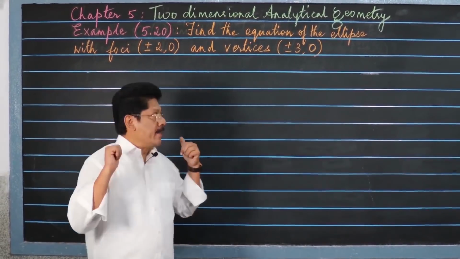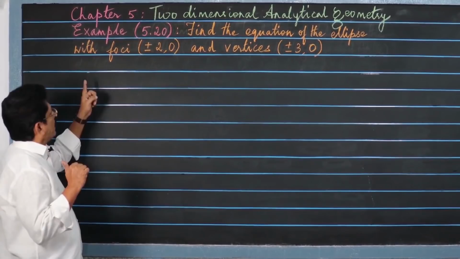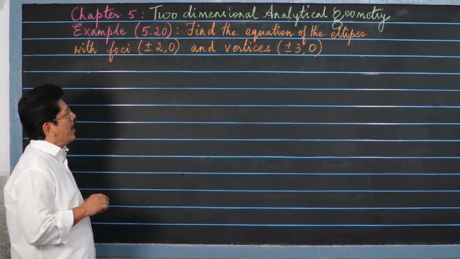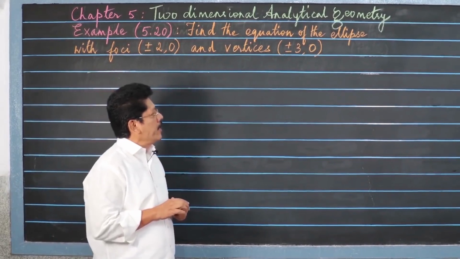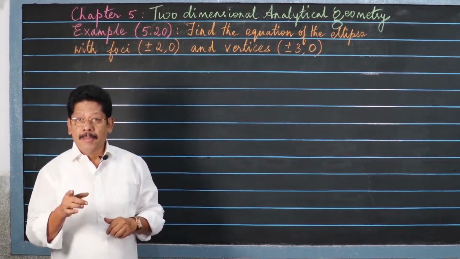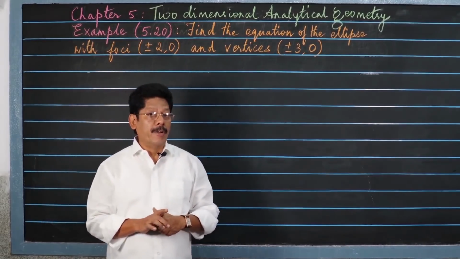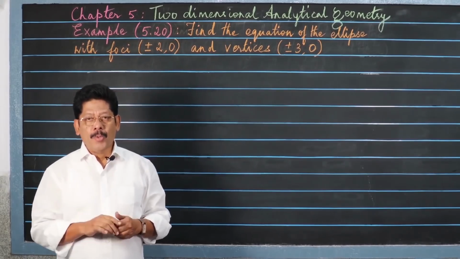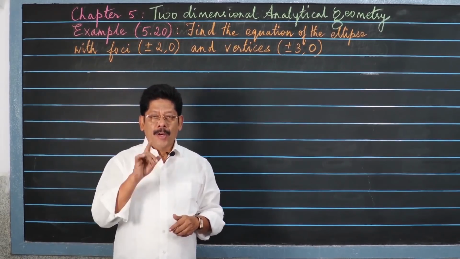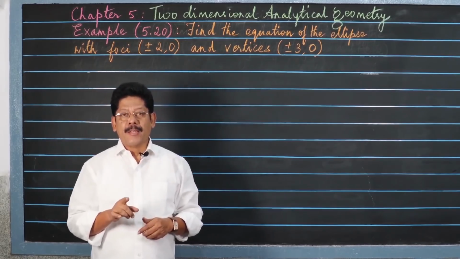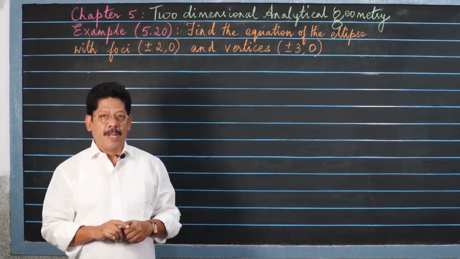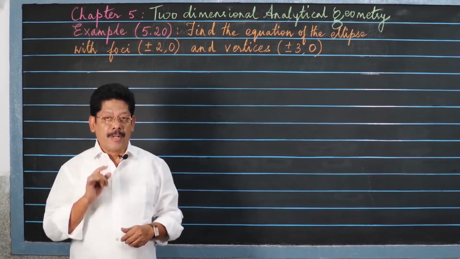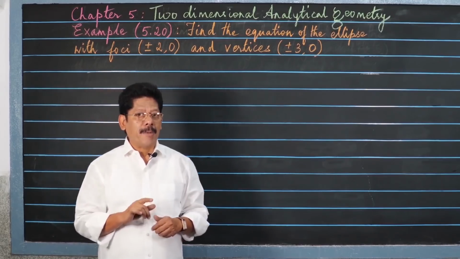On seeing this question, find the equation of the ellipse with foci plus or minus 2, 0 and vertices plus or minus 3, 0, it is similar to the problem we have done in the exercise. In exercise 5.2, sum 2, subdivision 2, the foci was given as 0, plus or minus 4 and the ends of the major axis was given as 0, plus or minus 5.